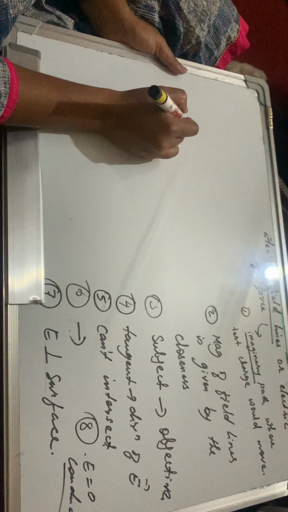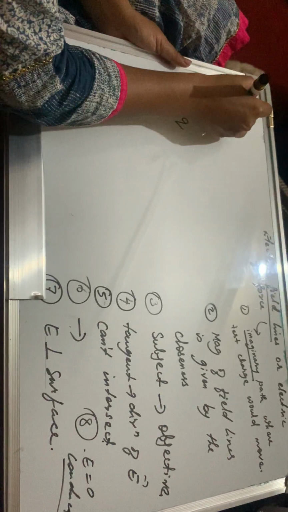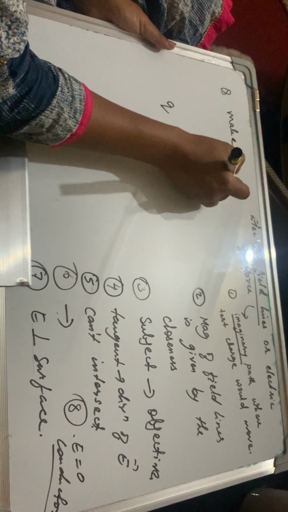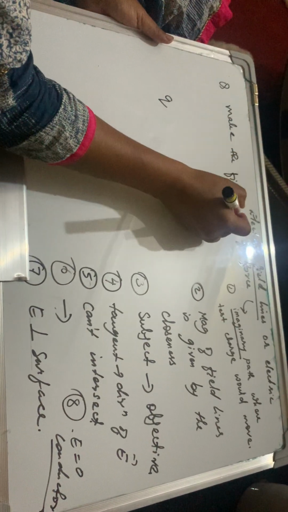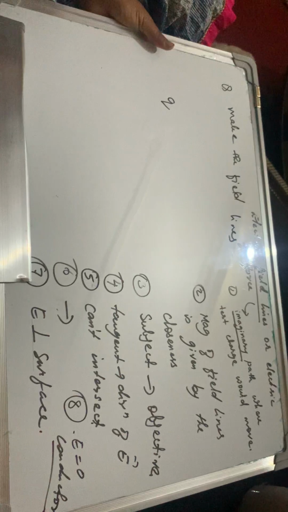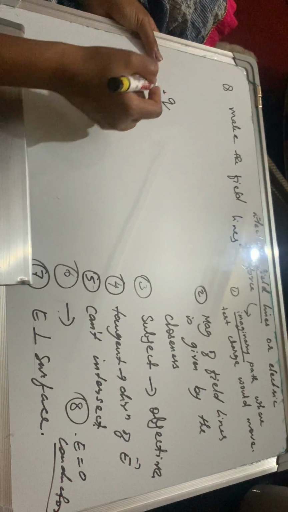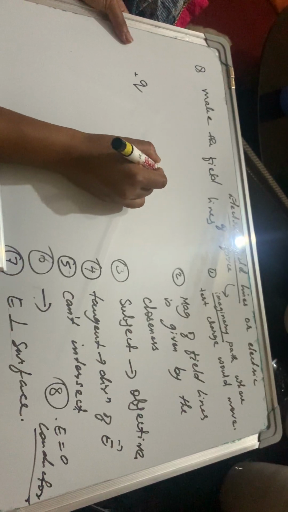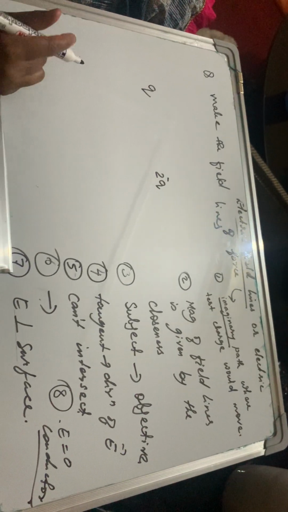Fine. All right, now of all the points I have suggested here, can we make the field lines? Let's say the question is, make the field lines. Suppose here is plus q and here is, let's say, minus 2q.